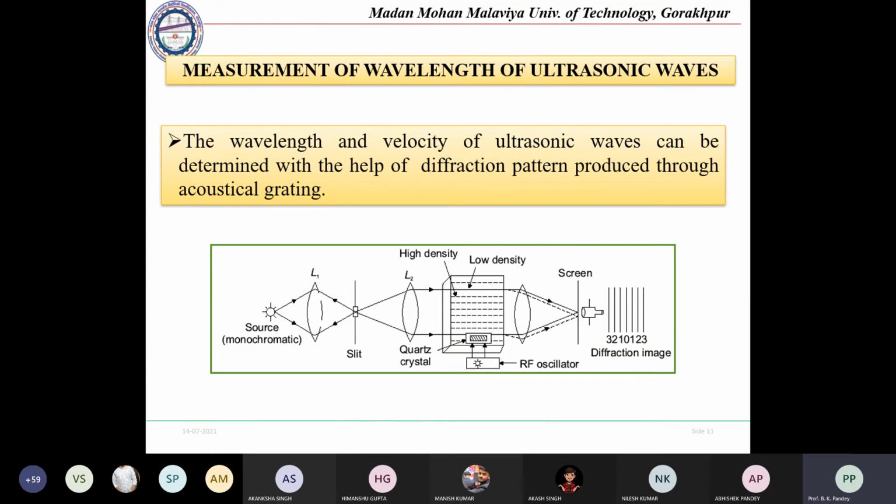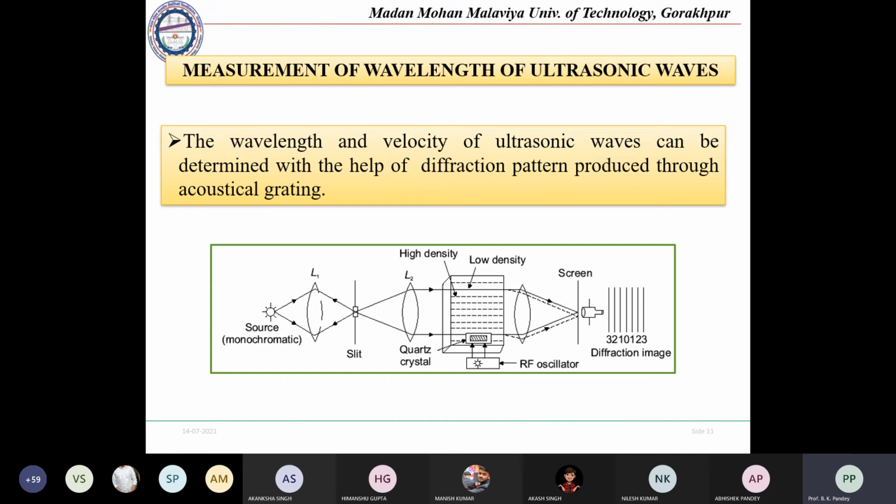When this diffraction pattern is recorded on the screen, we will use the condition (A plus B) sin theta is equal to n lambda, and according to that, we will be able to estimate the value of A plus B. In this liquid column, A plus B gives an idea of the wavelength of the ultrasonic wave, because this liquid column grating has been produced by the ultrasonic wave.